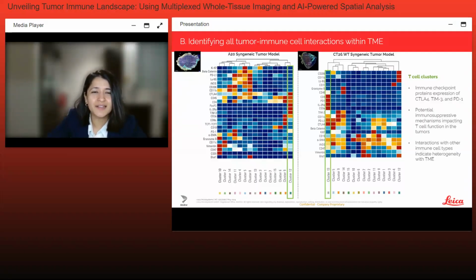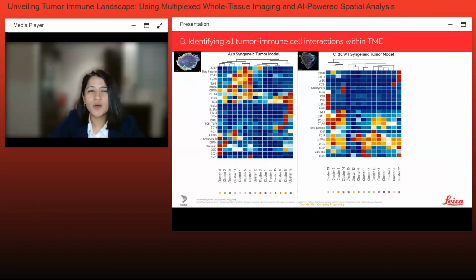And this indicates some kind of heterogeneity within the tumor microenvironment, where distinct regions of the tumor exhibit differential immune cell infiltration and possibly different immune evasion mechanisms.